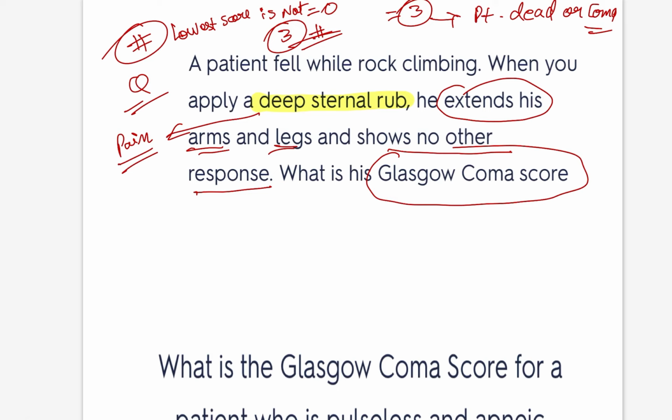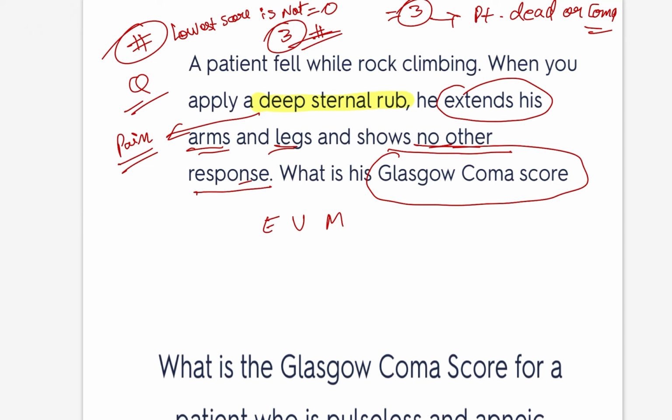So first of all, we have to see the four components: eye, verbal, and the muscles, or the mobility of the muscles, right? So here he is saying that there is no other response. No other response means E0, E1, sorry, it is E1.